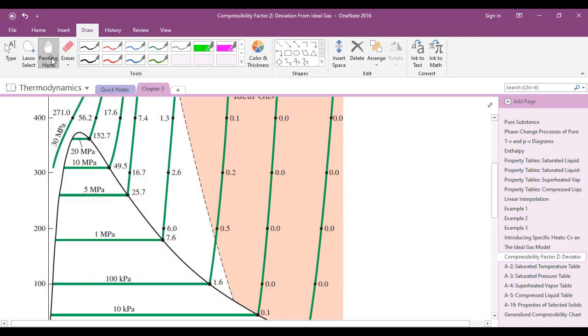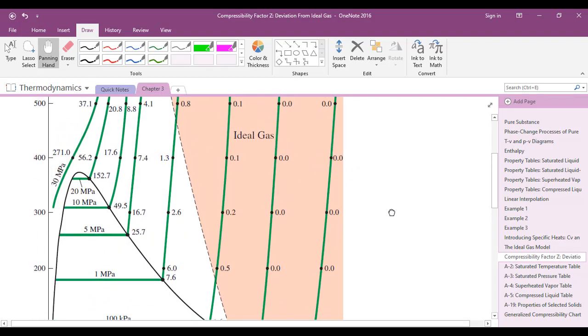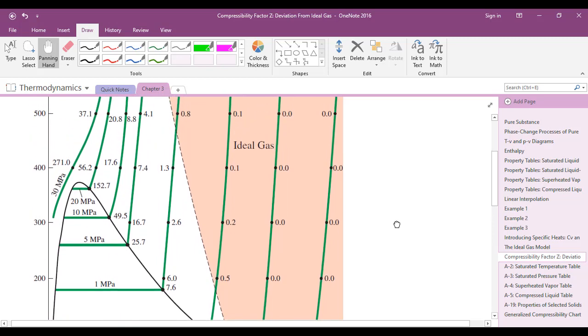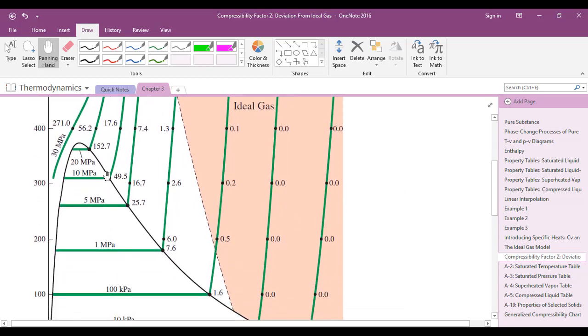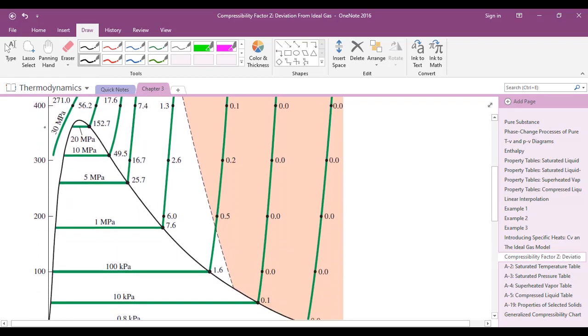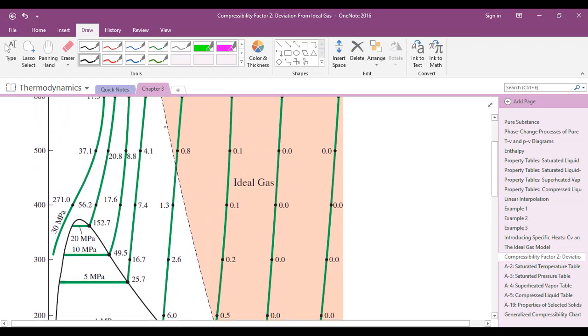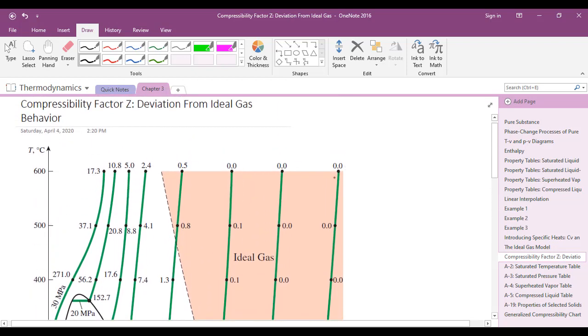This is a T-v diagram for water, at different values of pressure and different values of temperature. The numbers seen here at different points are the error, and the error is calculated as follows.